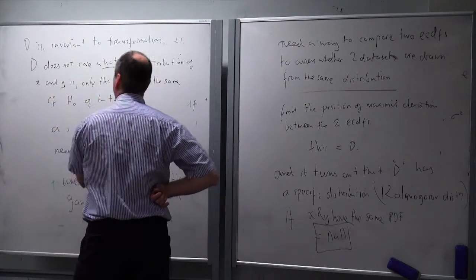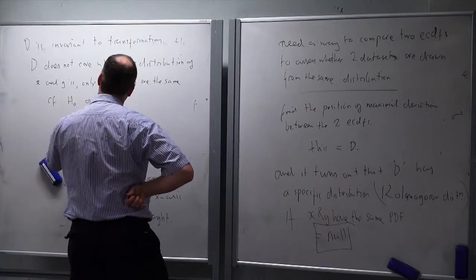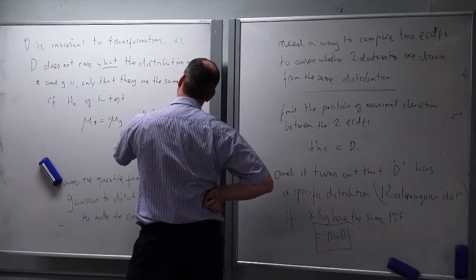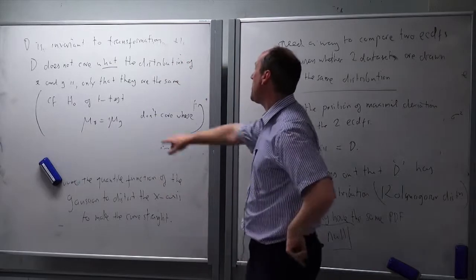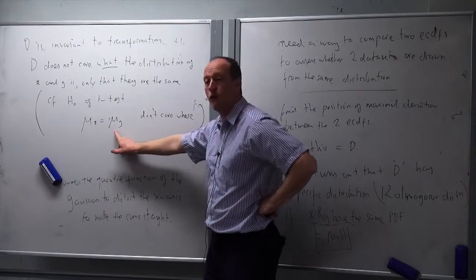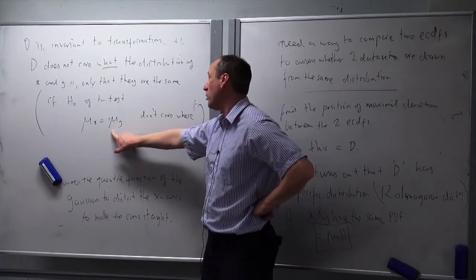Compare the null hypothesis of the t-test, which is that the mean of x equals the mean of y, but you don't care where. So in the t-test, the null hypothesis asserts that the mean of x equals the mean of y, but we don't care where. It's just somewhere, but we don't know what they are, they're equal.